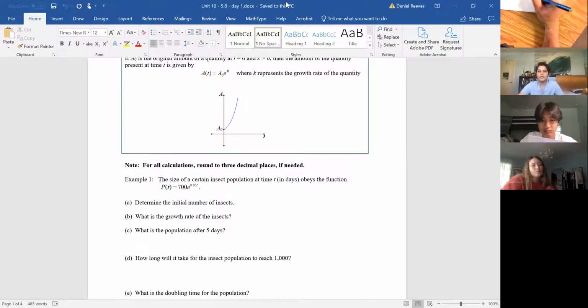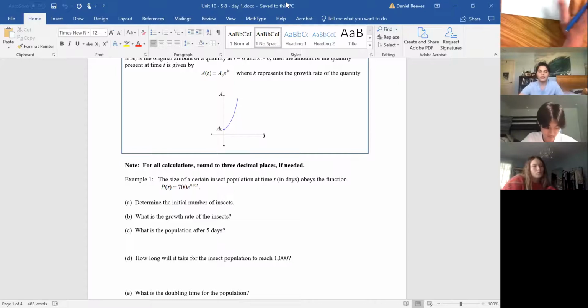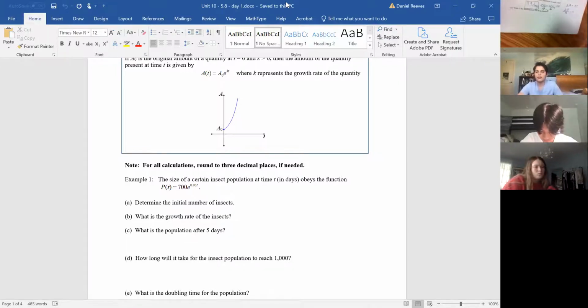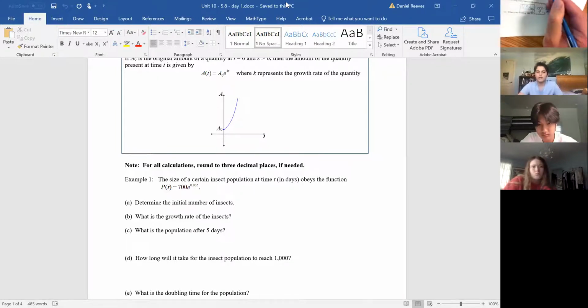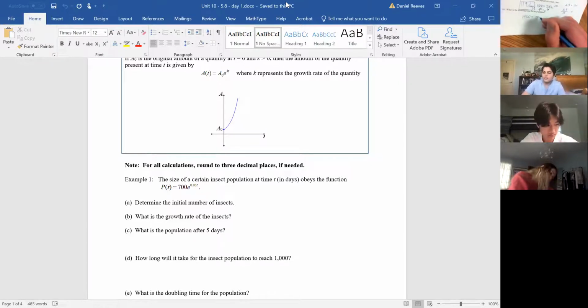And what is the doubling time for the population? So I'm going to put in a step which I won't often do. I'm going to say, oh, well, if I started at 700, double is 1,400 equals 700 e to the 0.03t.